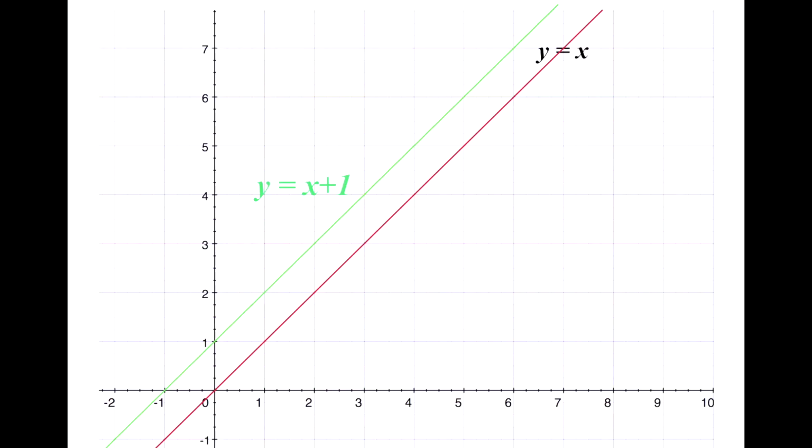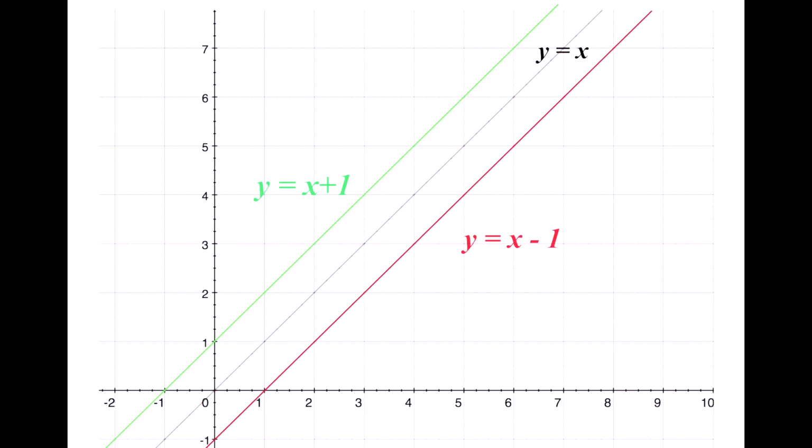Now let's check back on our graph paper and see how all 3 lines look together. We can see the line y is equal to x right in the middle, with the line y is equal to x plus 1 being 1 space above, and y is equal to x minus 1 being 1 space below.